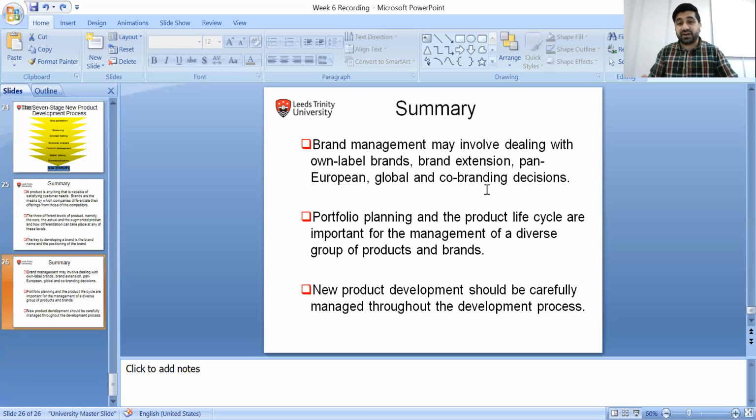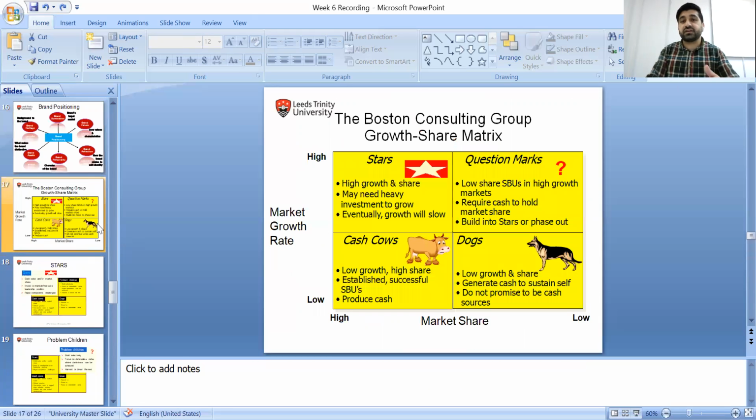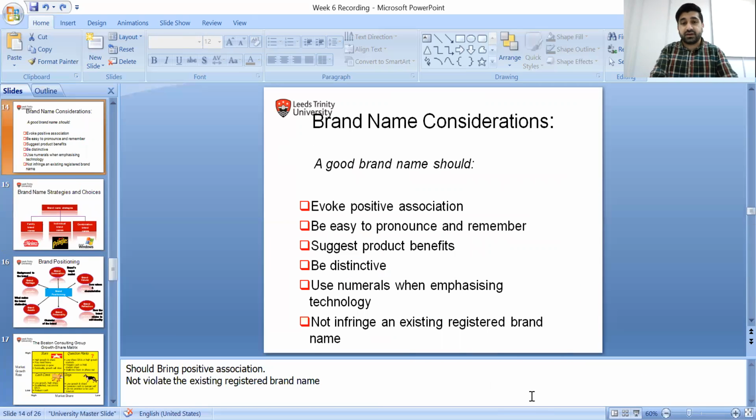New product development should be carefully managed throughout the development process. So these different stages we have talked about the product development, we discussed the new product development process, and we talked about the Boston Consulting Group. So these are the different topics we have covered today.